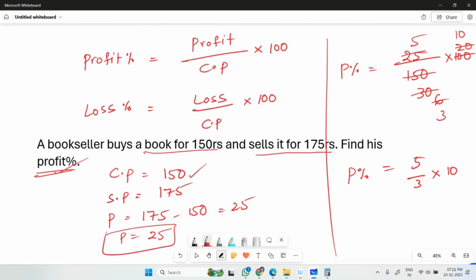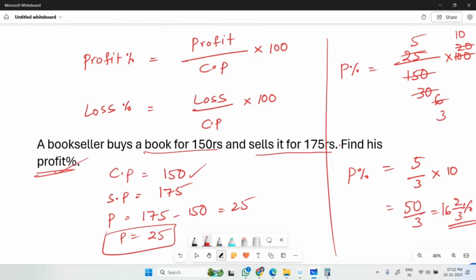Here we can't simplify, so multiply the whole number by numerator according to the fraction multiplication. 50 by 3, which is nothing but 3 16s 48. 16, 2 will be remainder 2 by 3. So 16 2 by 3 percentage. So our profit percentage is 16 2 by 3 percentage.